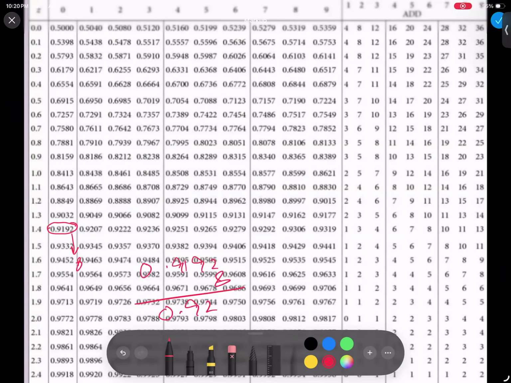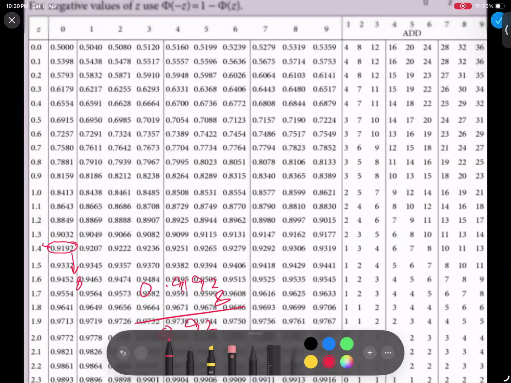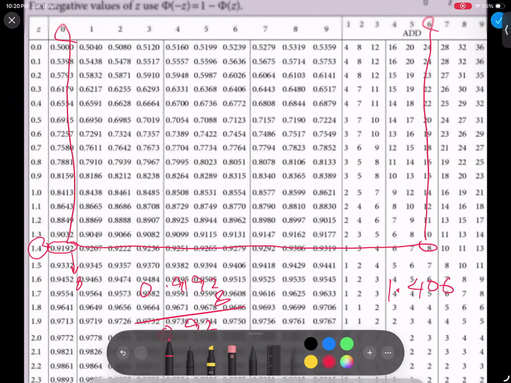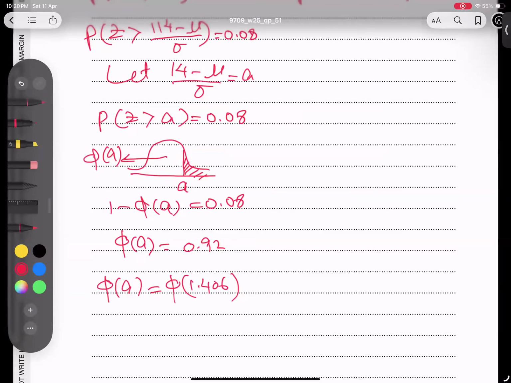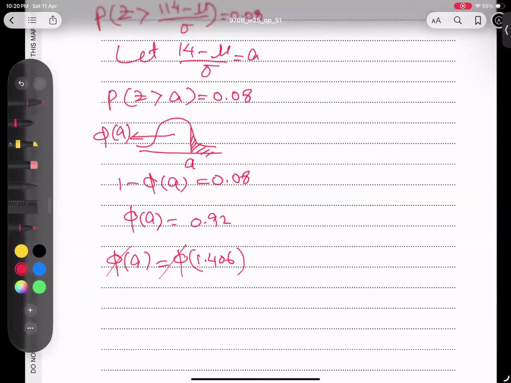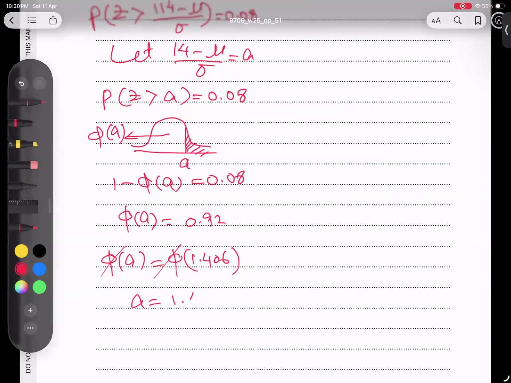So how does it turn out? From here 1.4, from the top 0, and 8 I'm looking for. 8 is here. So it means 6. So I'm getting 1.406. So I got it: 1.406. The 5 I cancel out, and this is the value which I'm going to put in this formula.